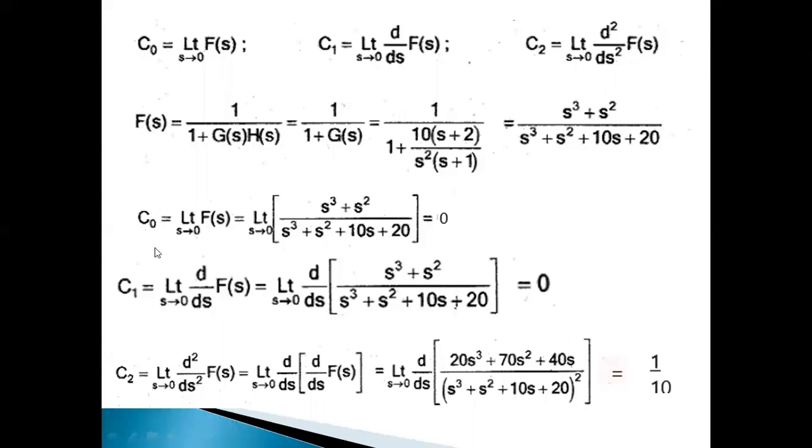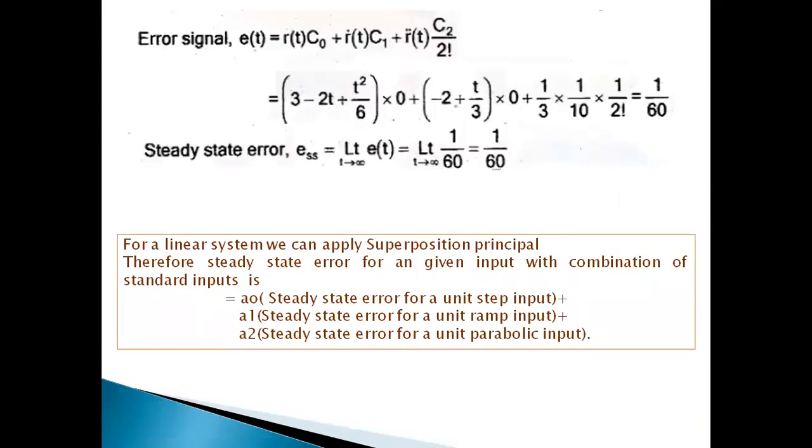So once we get C1, C2, C3, the error signal is E of t is equal to R of t into C naught plus R dash of t into C1 plus R double dash of t into C2 by 2 factorial.